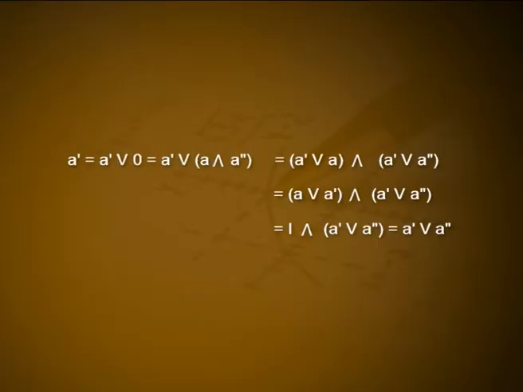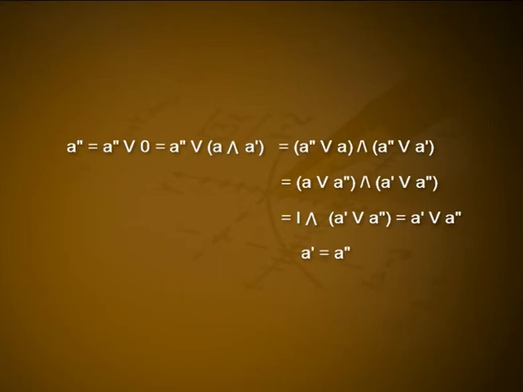Using the distributive laws, we obtain A' is equal to A' join 0, which is equal to A' join (A meet A''), which is equal to (A' join A) meet (A' join A''), which is equal to (A join A') meet (A' join A''), which is equal to I meet (A' join A''), which is equal to A' join A''.